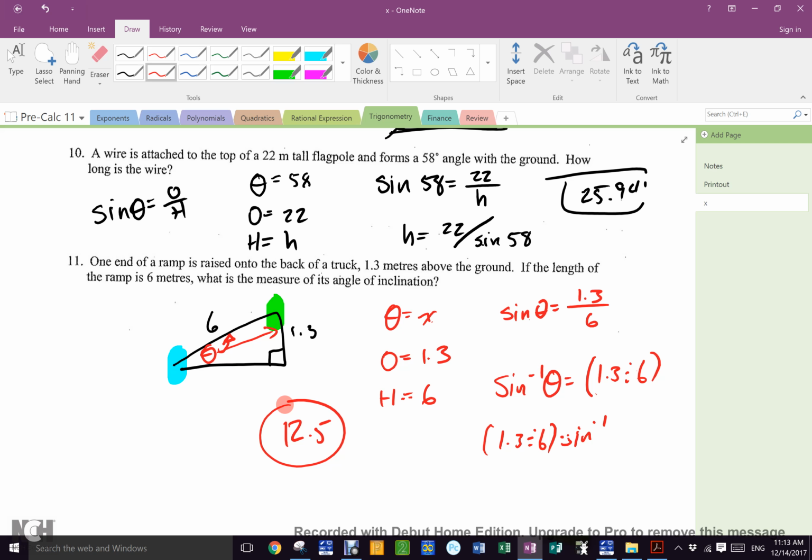What is your signal that your calculator has done all the calculations it needs to do for you? What button must you hit? Enter or equals. If you haven't hit that, you don't have the final answer, no matter what your calculator screen looks like. Do you understand?